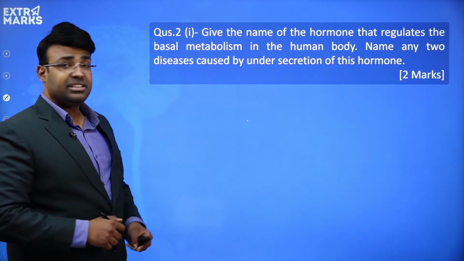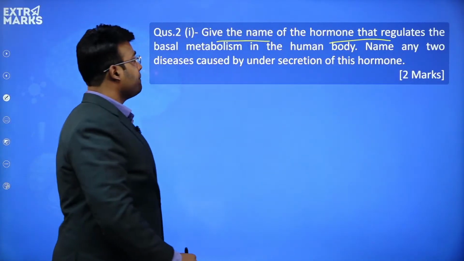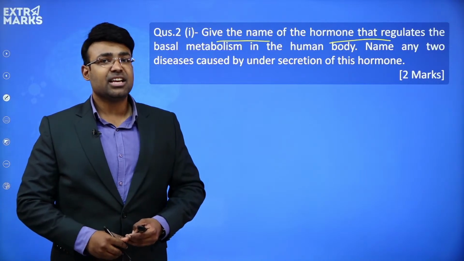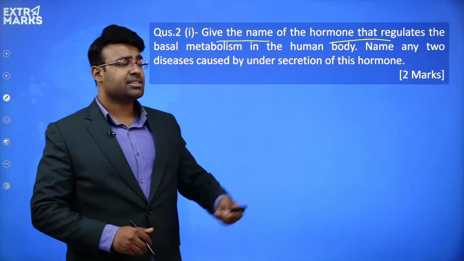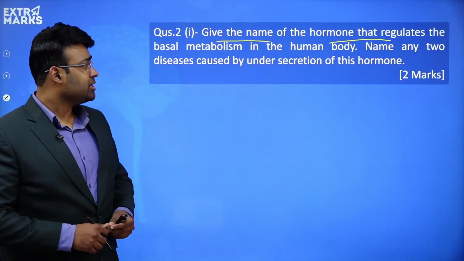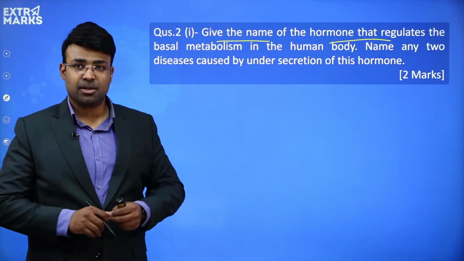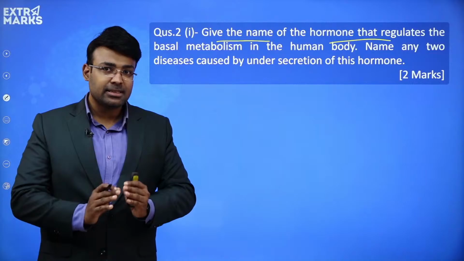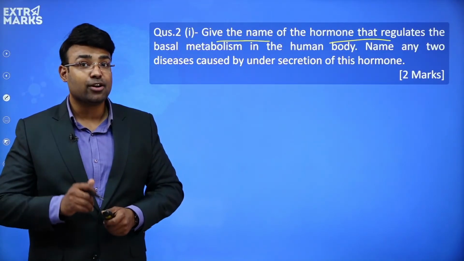The first question: give the name of the hormone that regulates the basal metabolism in the human body. Name any 2 diseases caused by the under secretion of this hormone. To maintain the basal metabolism of the body, we have the hormone called thyroxine.